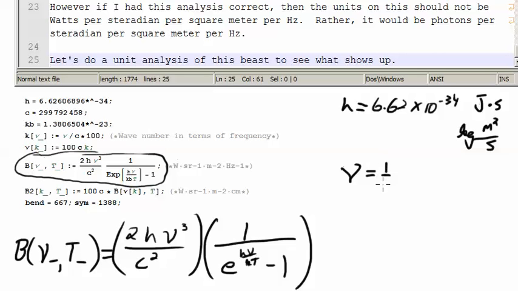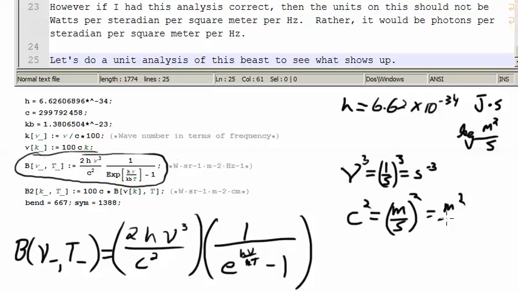The frequency is in per seconds, so frequency cubed would be in seconds to the negative third. The speed of light is in meters per second, so c squared would be meters squared per second squared. h nu over k sub B T is unitless. I'll just write unitless.